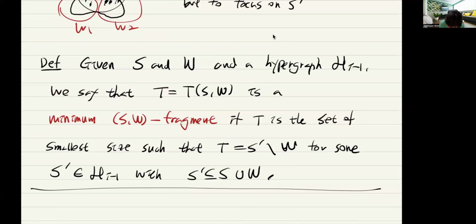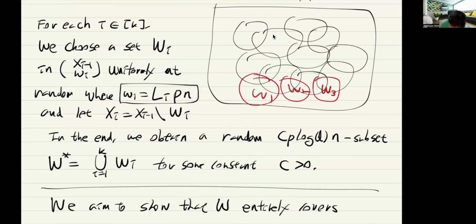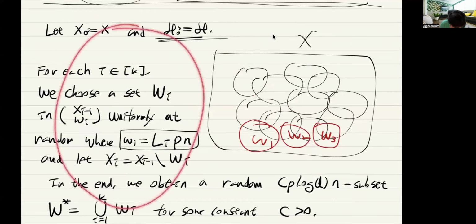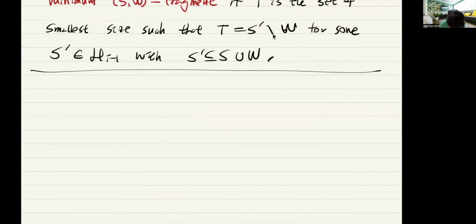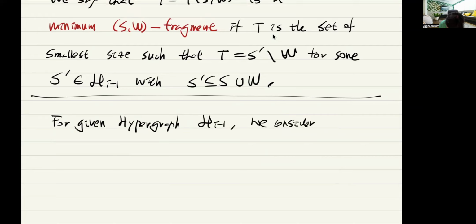Okay, then while you're doing this repetition, we keep track of the hypergraph. So for the given hypergraph H_{i-1}, we partition the edges into two parts.